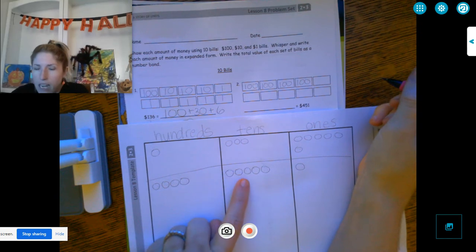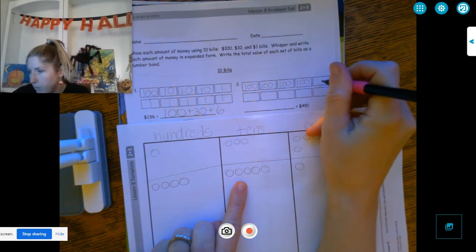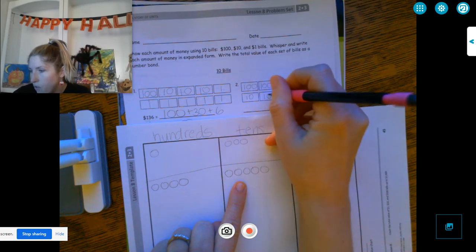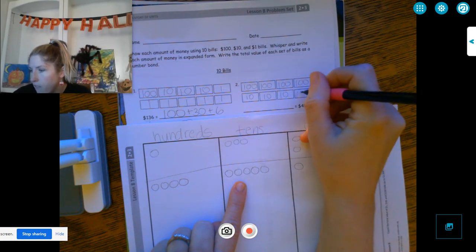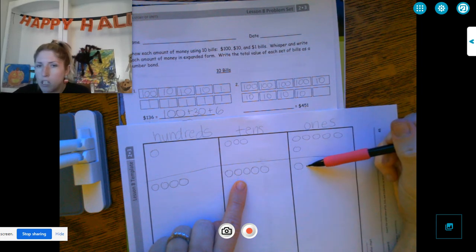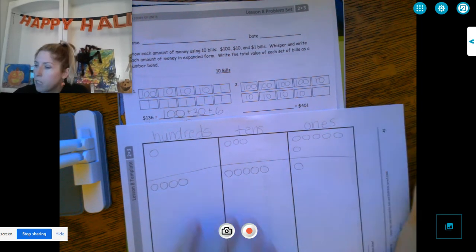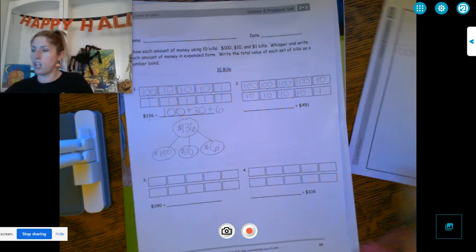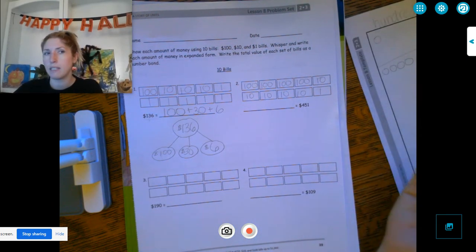And now how many $10 bills do we need? 1, 2, 3, 4, 5 $10 bills. And how many $1 bills do we need? 1 $1 bill. All right, great job to us. Now we need to write it in expanded form.